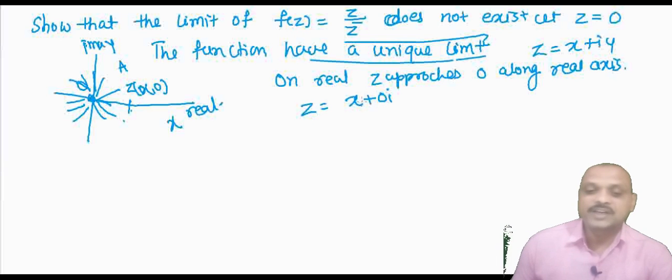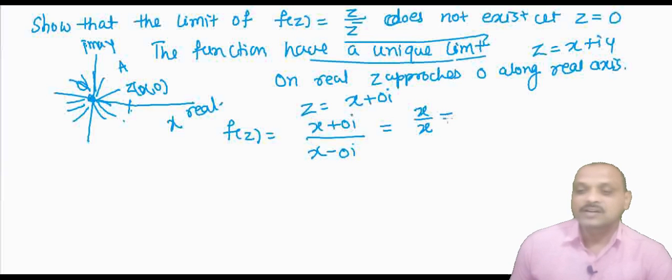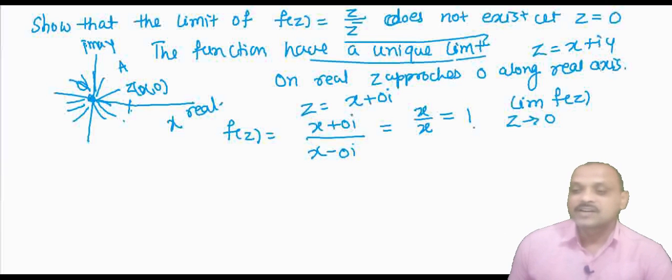Then f of z equals x plus 0i divided by its conjugate, x minus 0i. Now you can see that this is x divided by x, and this will be 1. Whatever the value, this is a constant, so the limit of f of z as z tends to 0 along the x-axis is equal to 1, right?